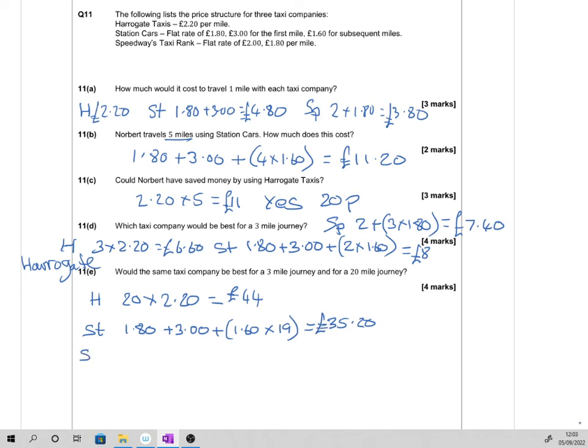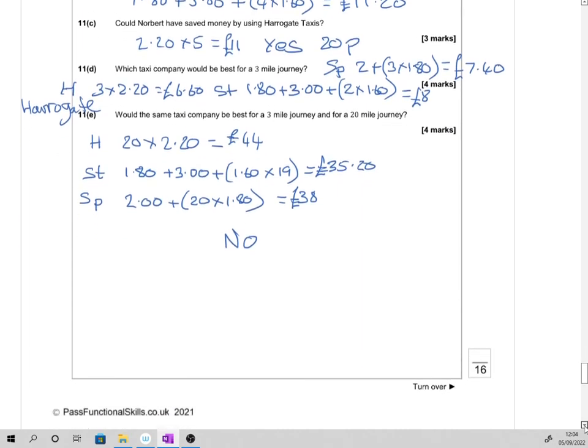And Speedway has a £2 flat rate plus 20 miles worth of £1.80. So 20 times £1.80 equals 36, plus 2 equals 38. So for the 3-mile journey, Harrogate was the best. For the 20-mile journey, Station is the best. No.